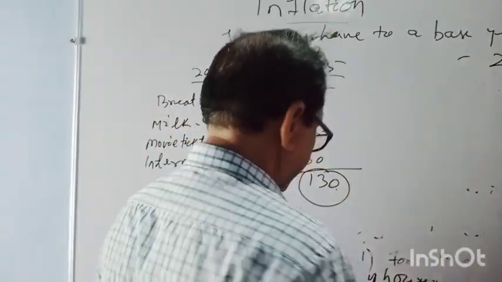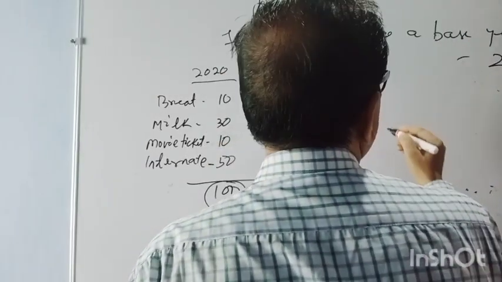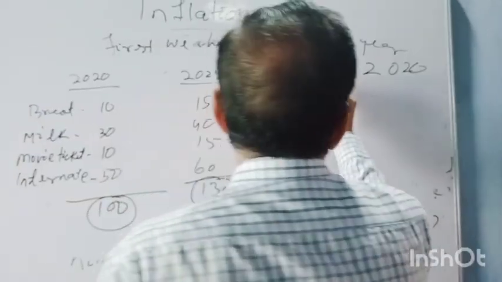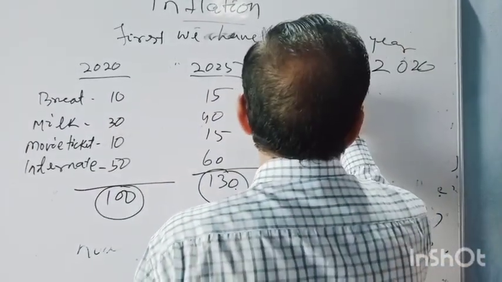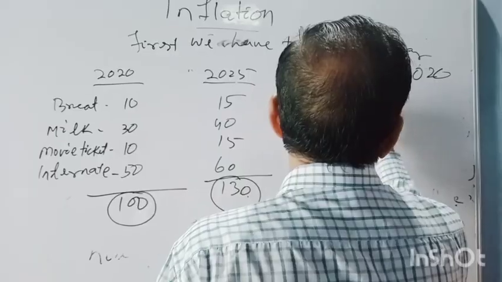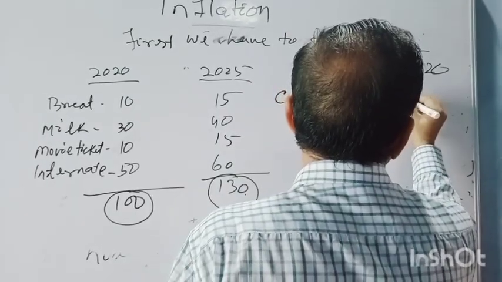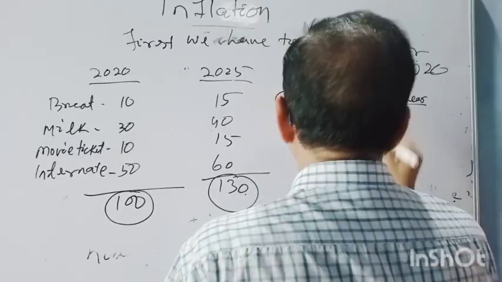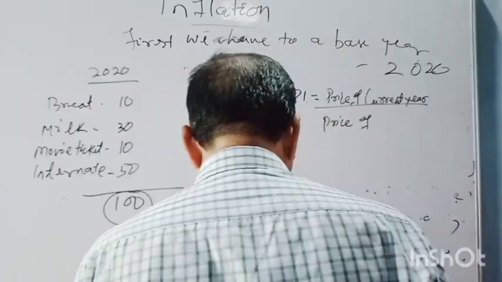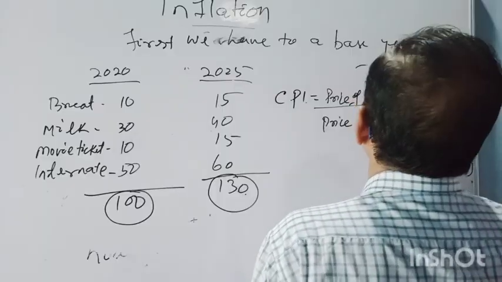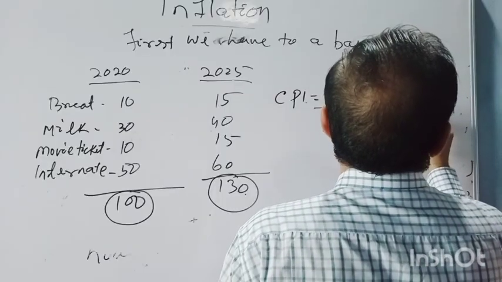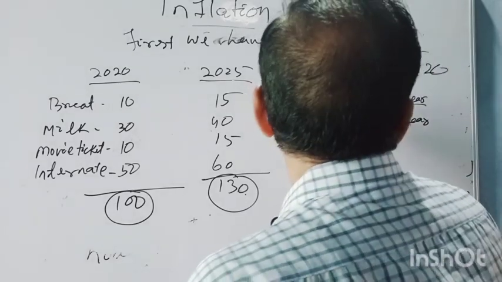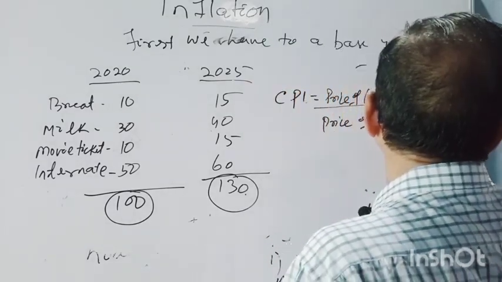In the base year the price was 100 rupees, and now in 2025 the price is 130. CPI is equal to the price of the current year divided by the price of the base year of the basket of goods, into 100.